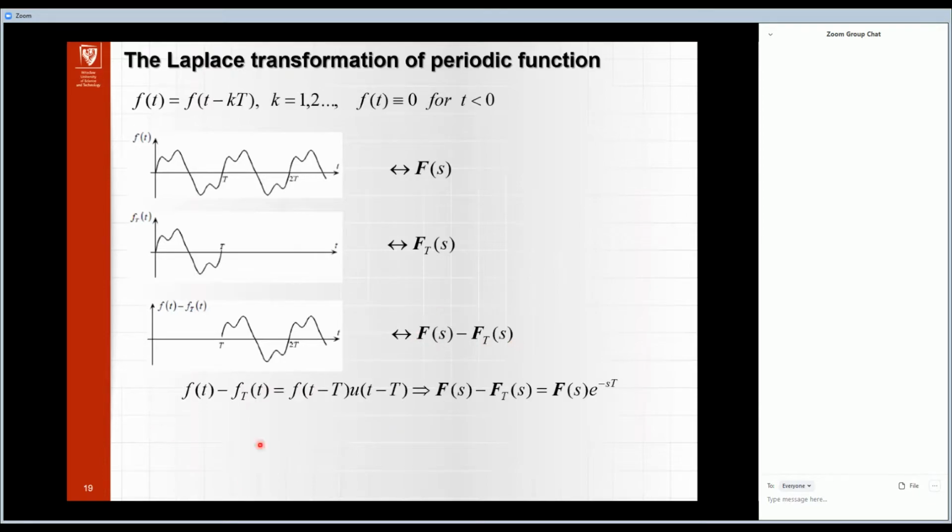So now I subtract this function, and I have here f(t minus T) and these unit step functions, and as a result, using the property connected with time shifting, I obtain this result. And in the end, the transformation of a periodic function is the transformation of one period divided by this factor.